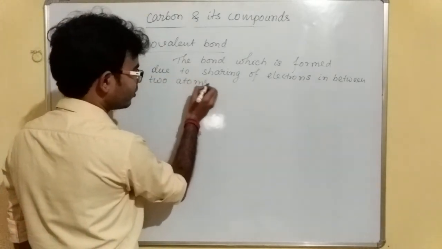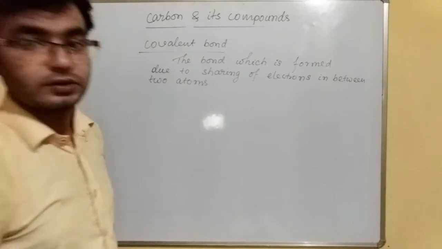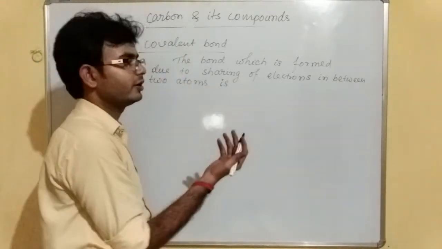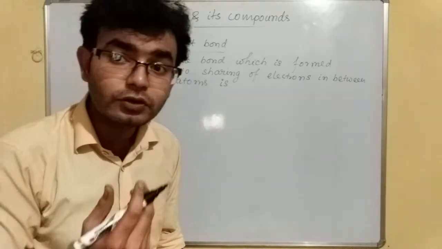Okay, जब दो एटम के बीच में इलेक्ट्रॉन शेयरिंग होता है, means it is sharing of electrons. Actually it is sharing of electron pairs.